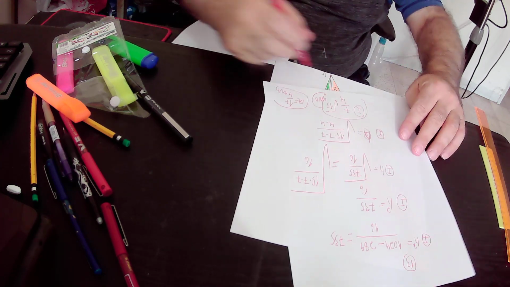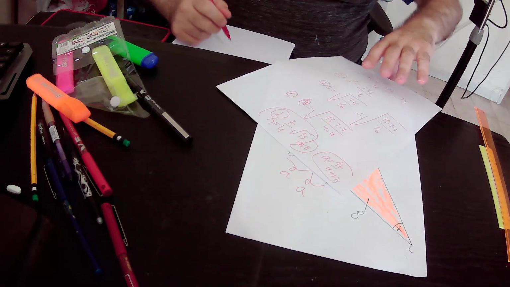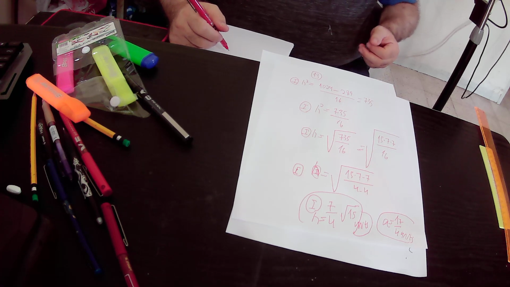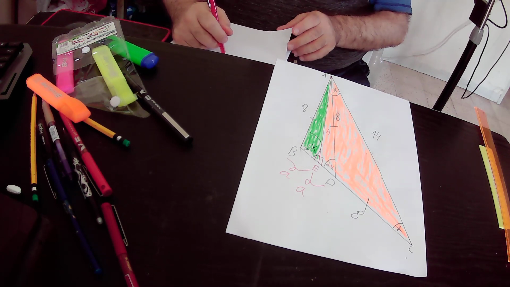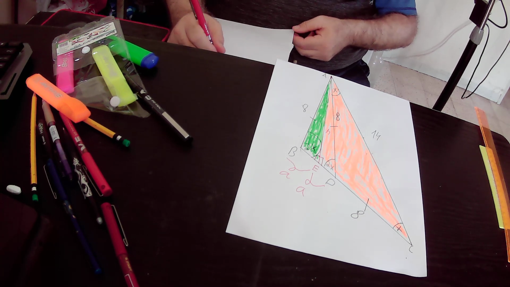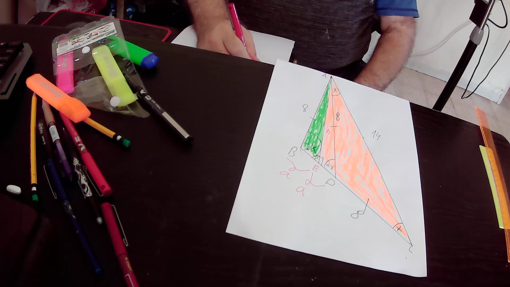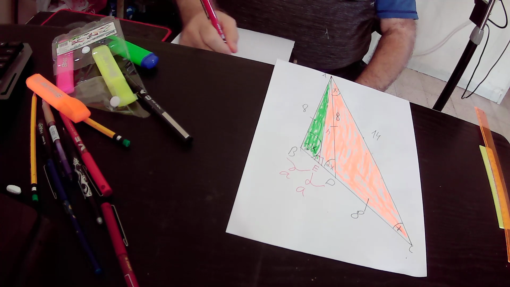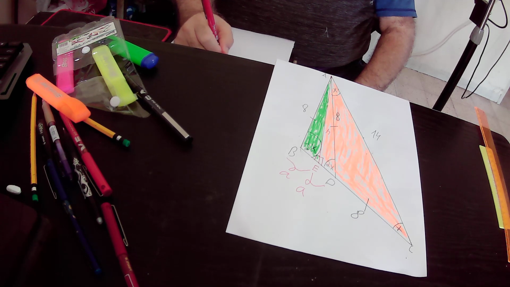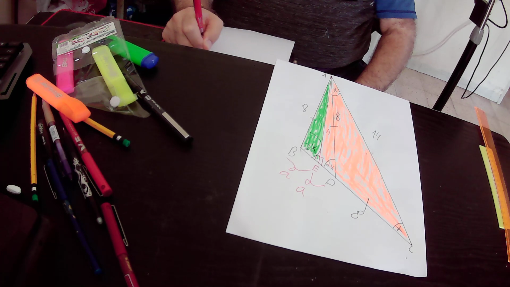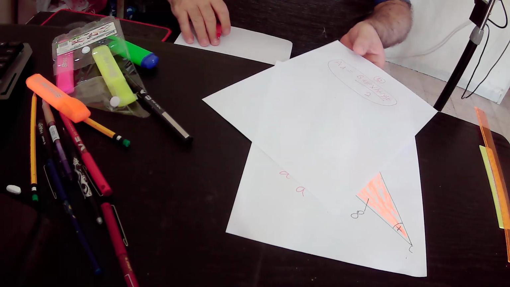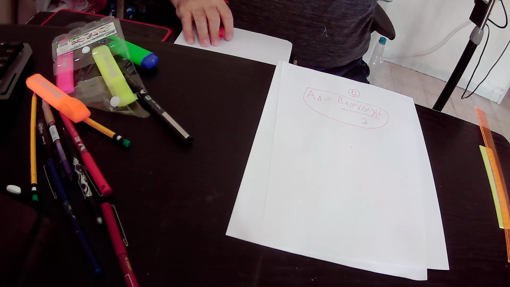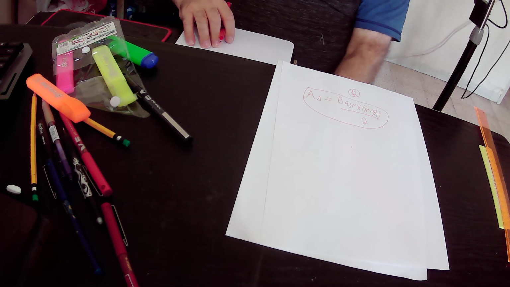Okay, so we have the values of h and a, and now it will be very easy to find out the area of triangle ABC, because the area of any triangle equals, A is the abbreviation for area, the base of the triangle times the height to the base over 2.